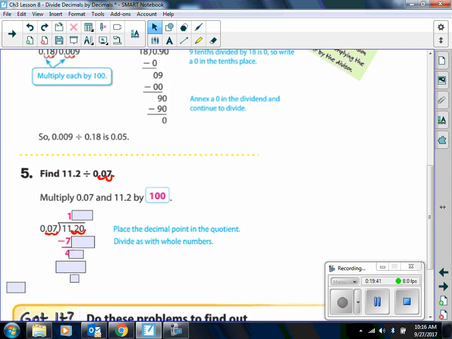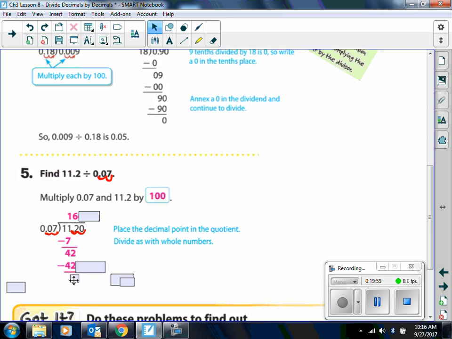And then we're going to bring down the 2. So how many times does 7 go into 42? 6 times. So 6 times 7 is 42, and then we're going to subtract, right?